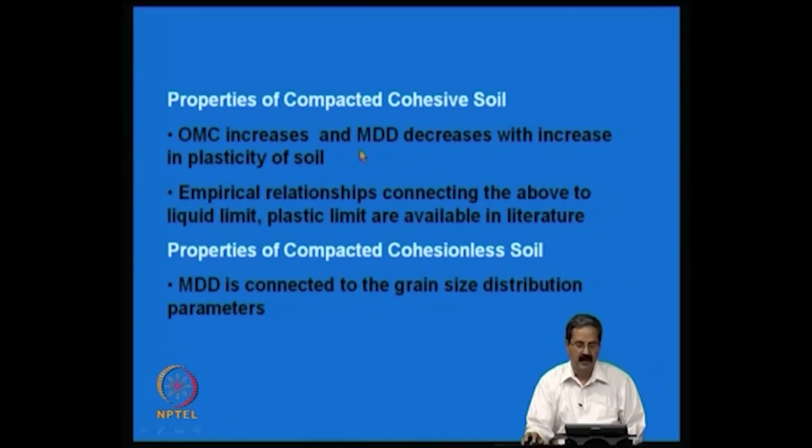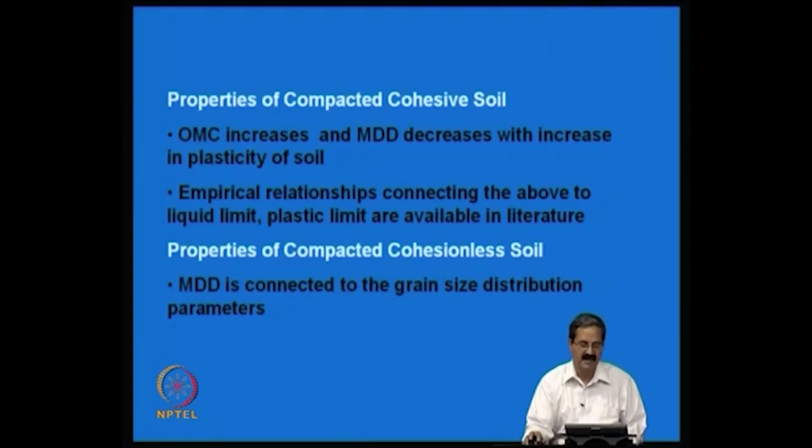For example, in a compacted soil we are only looking for optimum moisture content and maximum dry density, and if there are different types of soils, the OMC increases and the maximum dry density decreases with increase in plasticity of the soil. You have a number of soils in the construction of roads.